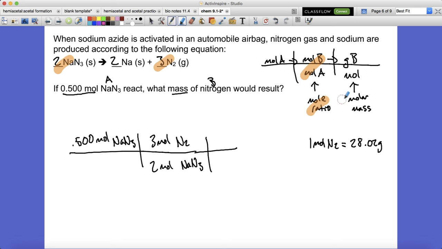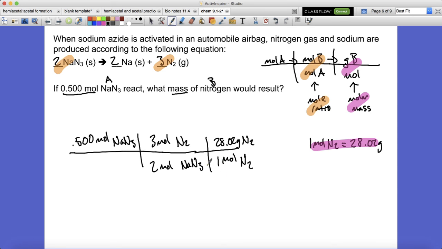Then I need to do a molar mass, which happens to be this amount because I looked it up already on the periodic table. So again, put the grams on top, 28.02 grams per mole. So 28.02 grams. Should put nitrogen labels on both of these things. Again, I can write a 1 or I cannot write a 1.